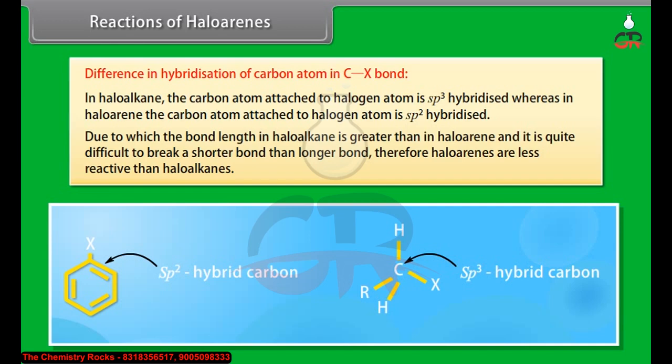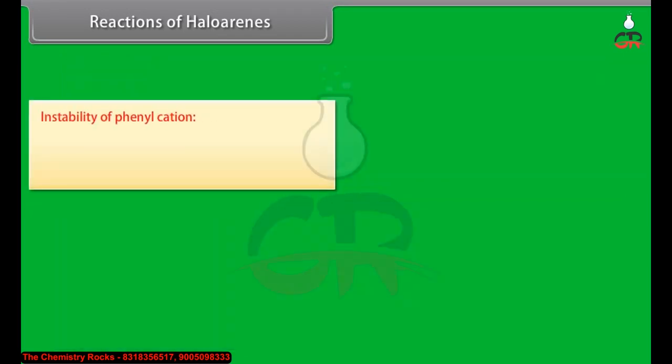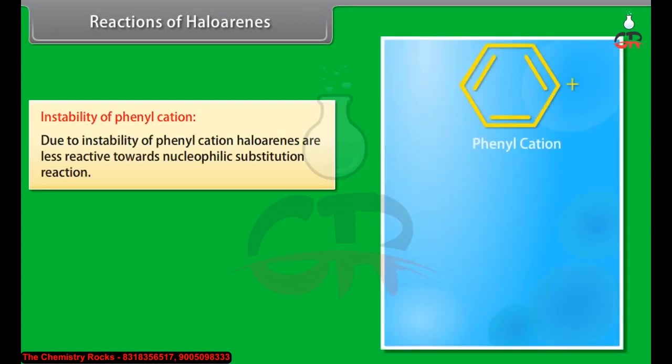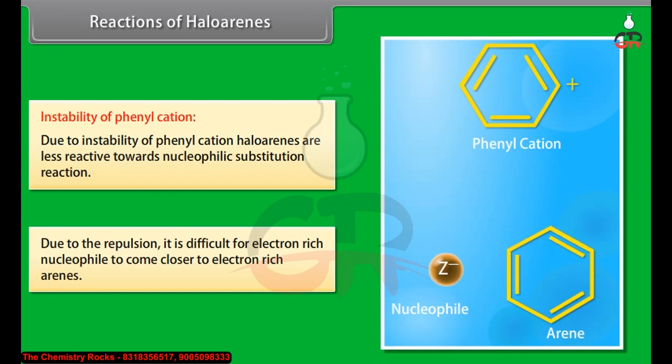Therefore, haloarenes are less reactive than haloalkanes. Instability of phenyl cation. Due to instability of phenyl cation, haloarenes are less reactive towards nucleophilic substitution reaction. Due to the repulsion, it is difficult for an electron-rich nucleophile to come closer to electron-rich arenes.